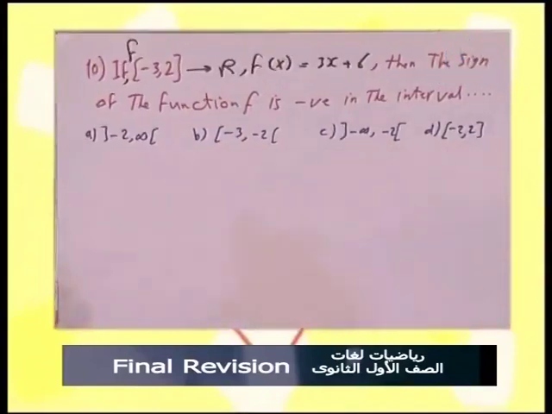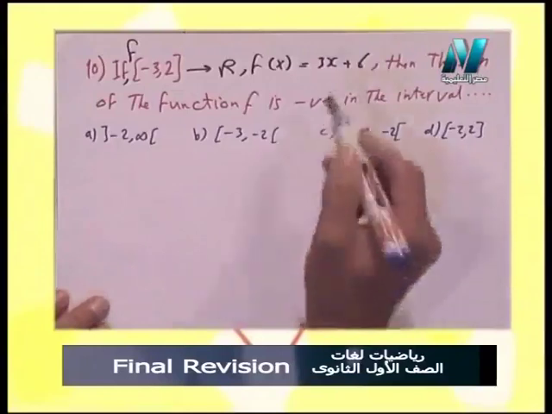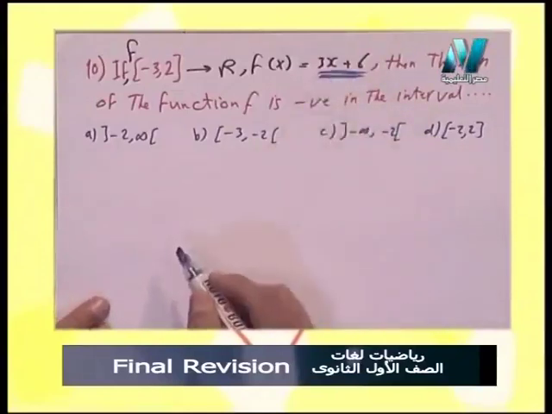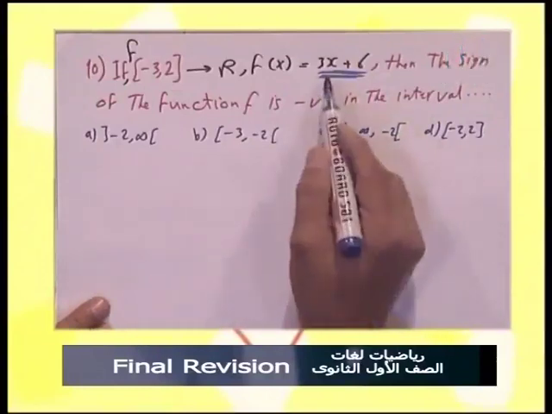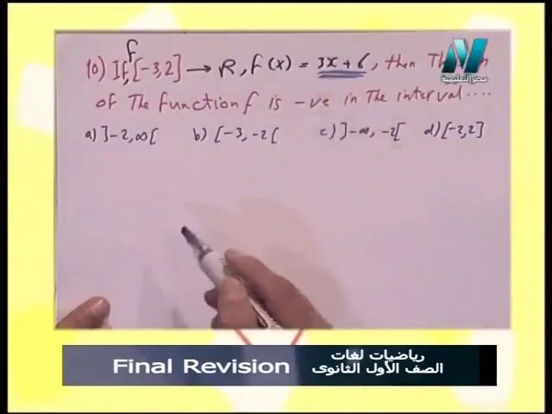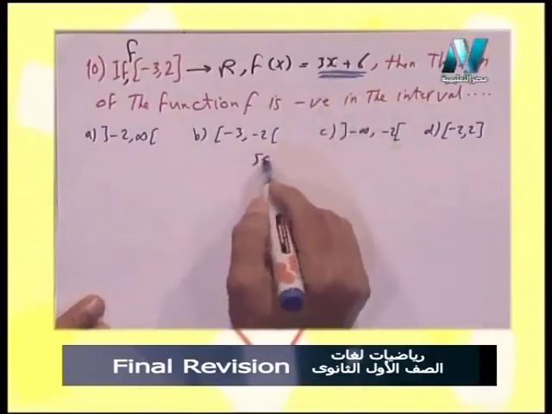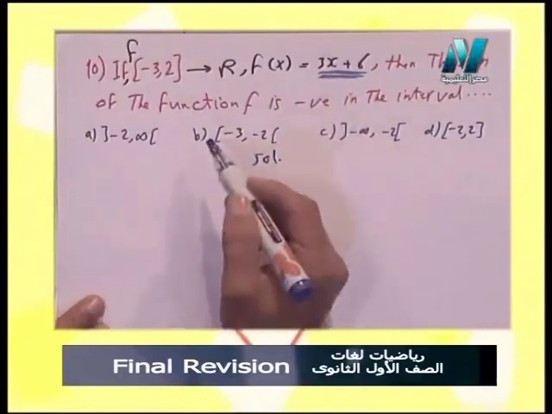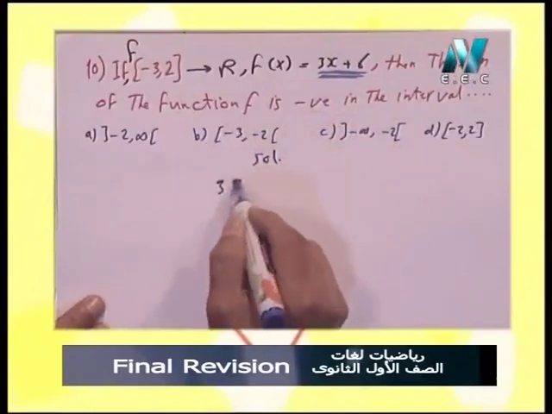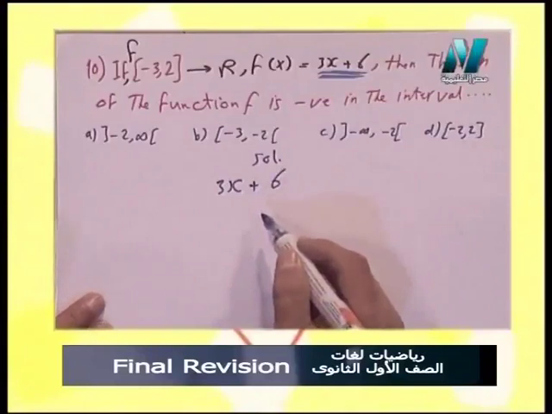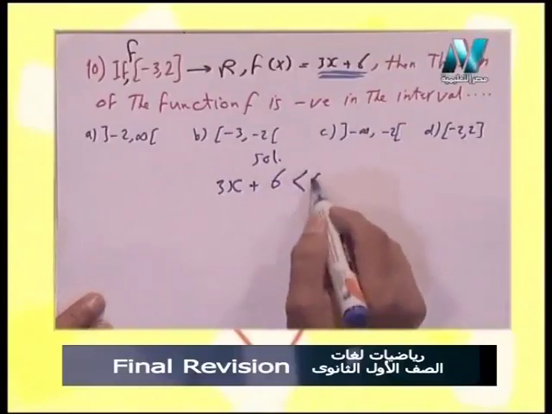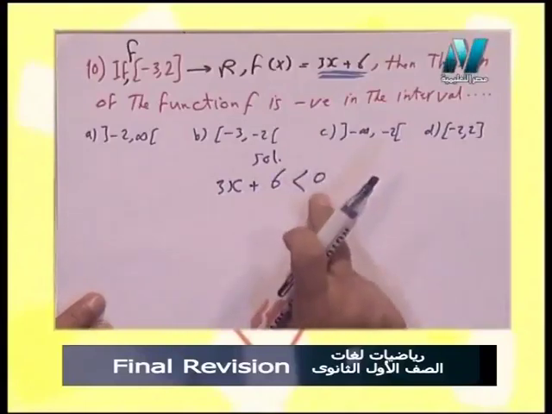So remember that for this function, to find out where it is negative or positive, we have to find the zero of x. Okay? To find out the negative, let's put 3x plus 6 less than 0, because he required the negative part.